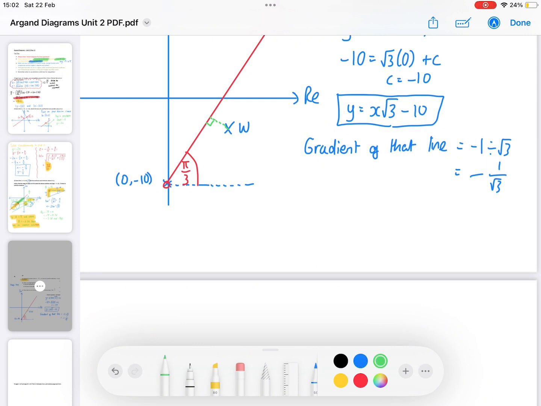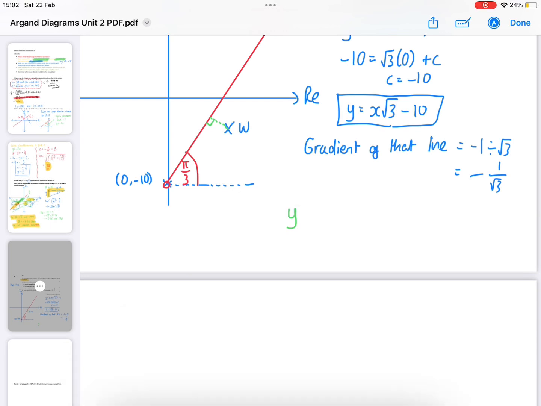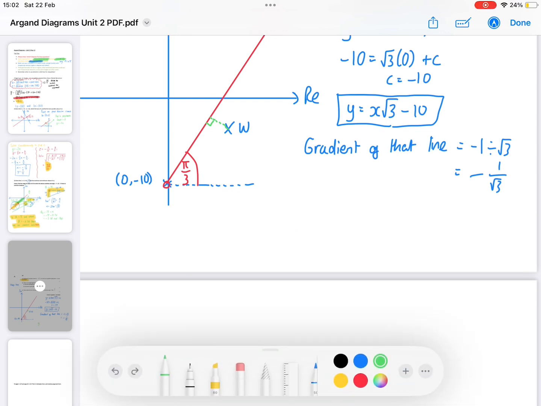So we have y equals, actually I'm just going to skip straight to finding c here, if that's all right. So we have minus 4 equals 4 root 3 times minus 1 over root 3 plus c. So c is minus 4 minus, and then the root 3 on the top and the root 3 on the bottom are going to cancel. So it's going to be minus 4.